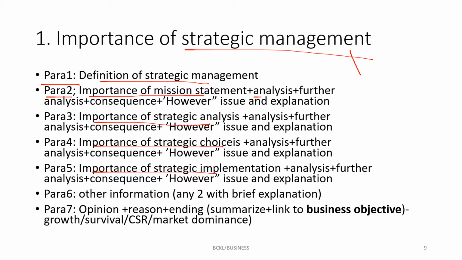And then you have to analyze basing on what you have said here, and then further analysis, and then the consequences. So remember, level 1, level 2, level 3. This analysis here will be considered as level 1, then further analysis here is going to be considered as level 2, and then the consequence is going to be considered as level 3. And then you need to talk about the however issues, and you explain.